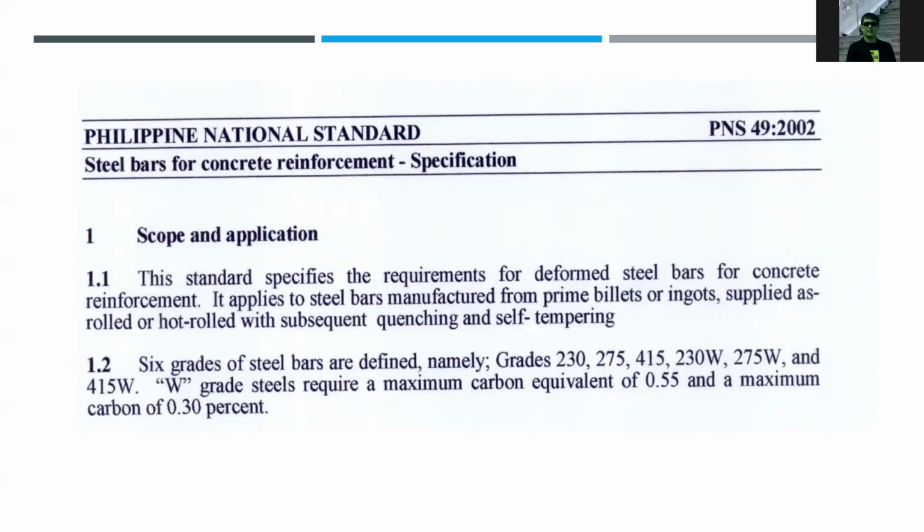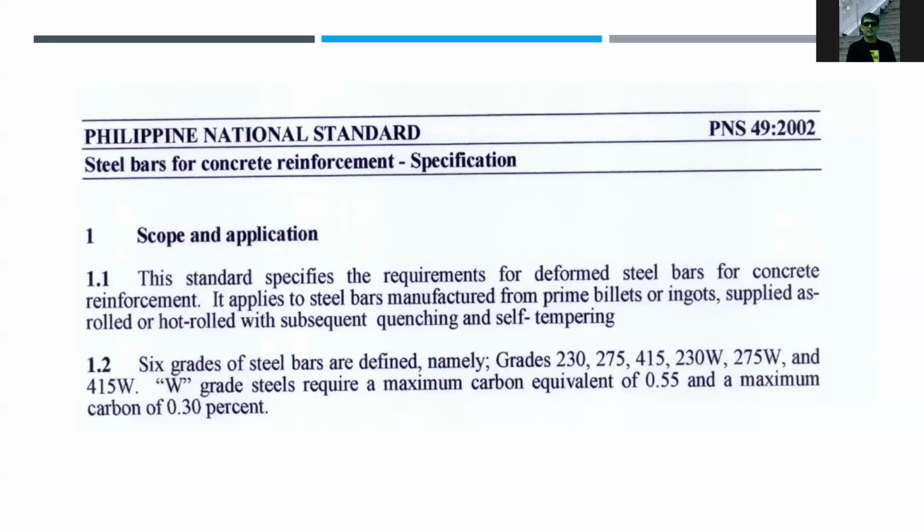It applies to steel bars manufactured from prime billets or ingots supplied as rolled or hot rolled with subsequent quenching and self-tempering. Six grades of steel bars are defined, namely grade 230, 275, 415, 230W, 275W, and 415W. The W grade steel requires a maximum carbon equivalent of 0.55 and a maximum carbon of 0.30%.